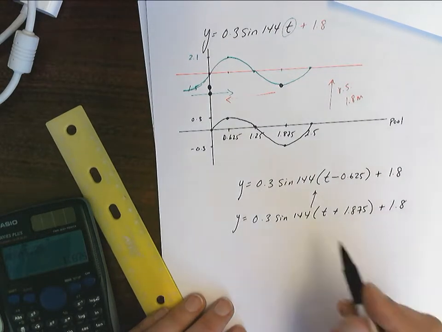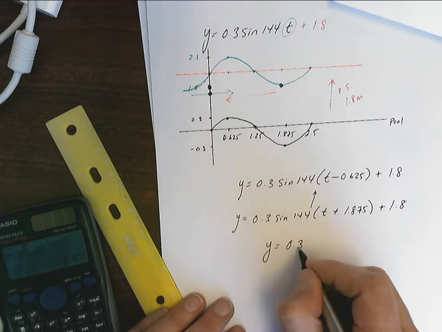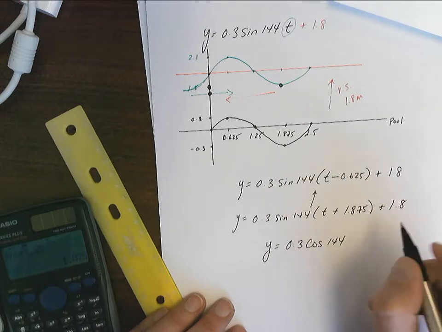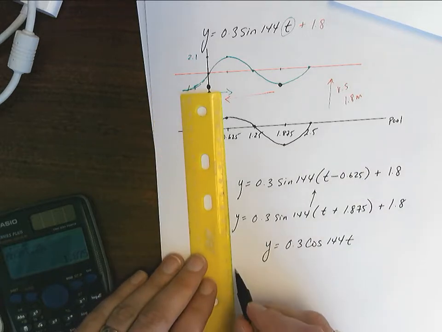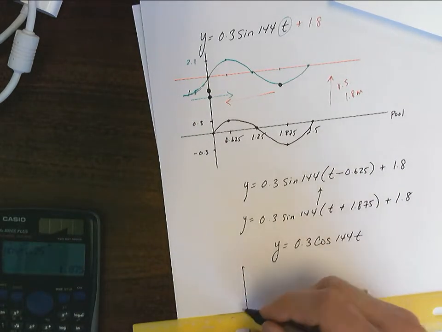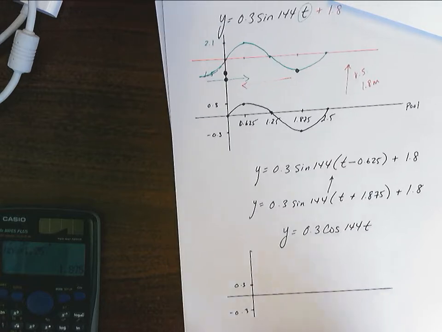And lastly, but not leastly, perhaps I had used cosine. Everything stays the same. We get our mean position curve. Goes up to 0.3, goes down to negative 0.3.